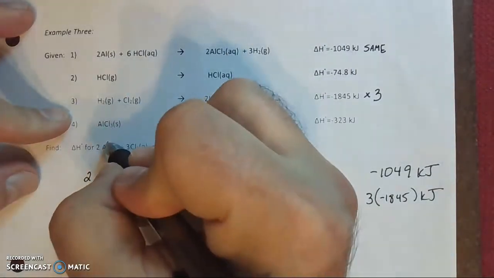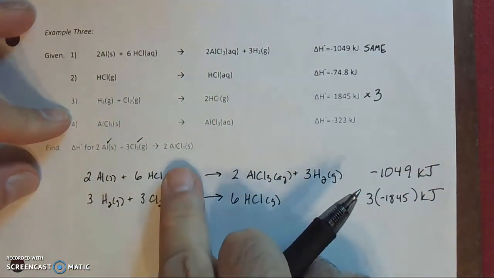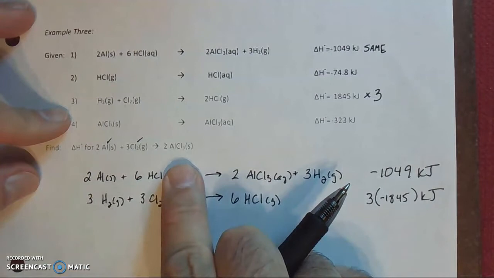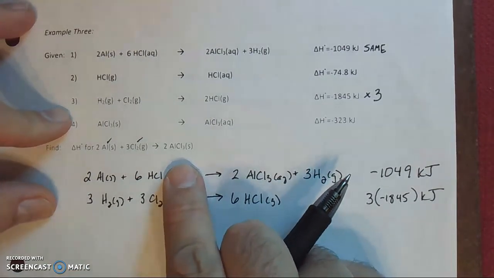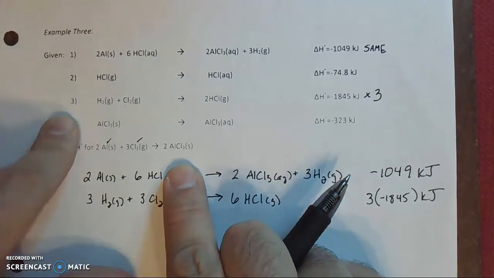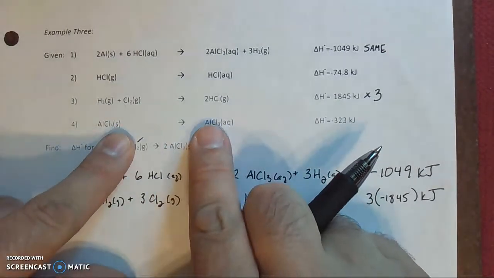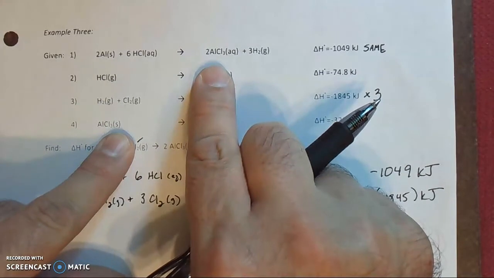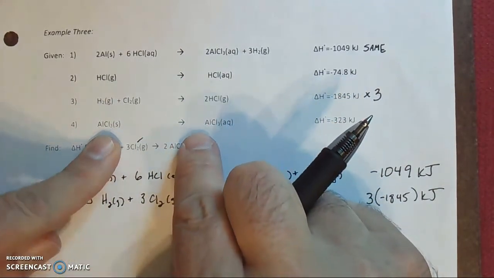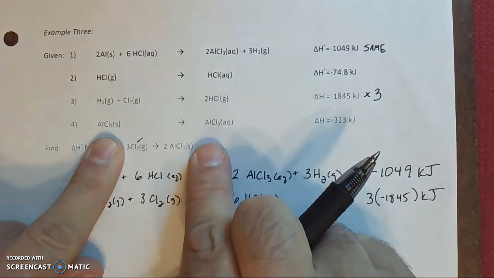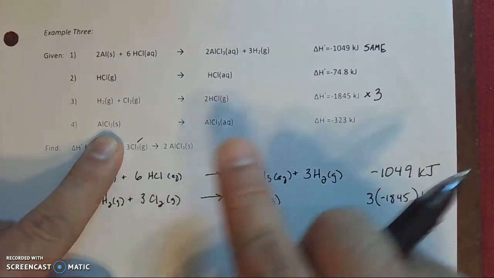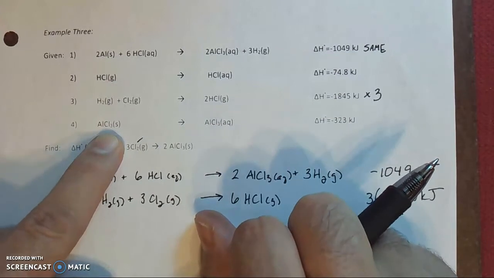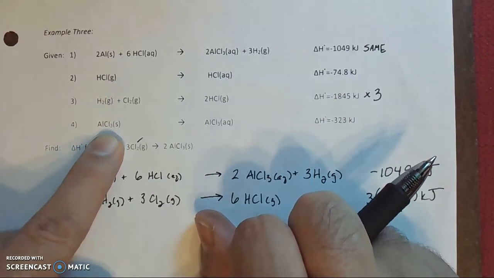So we have the aluminum, we have the chlorine, now we have to get aluminum chloride solid. Be careful, because if you look, we have different forms of aluminum chloride in this reaction. We have it in solid, aqueous, and it's also up here as aqueous. So this is the only reaction right here where it is in the solid form. And we need 2 of them on the product side. Here in this equation, we have 1 of them on the reactant side.